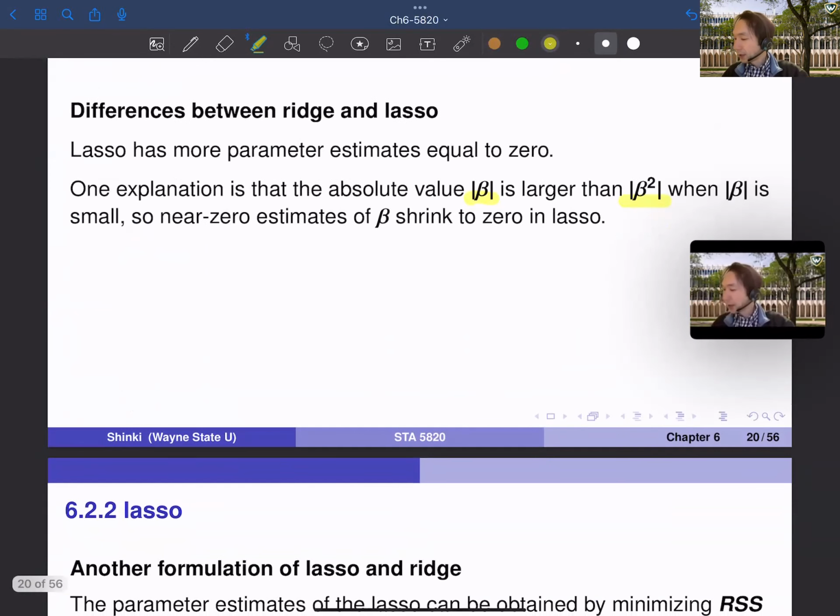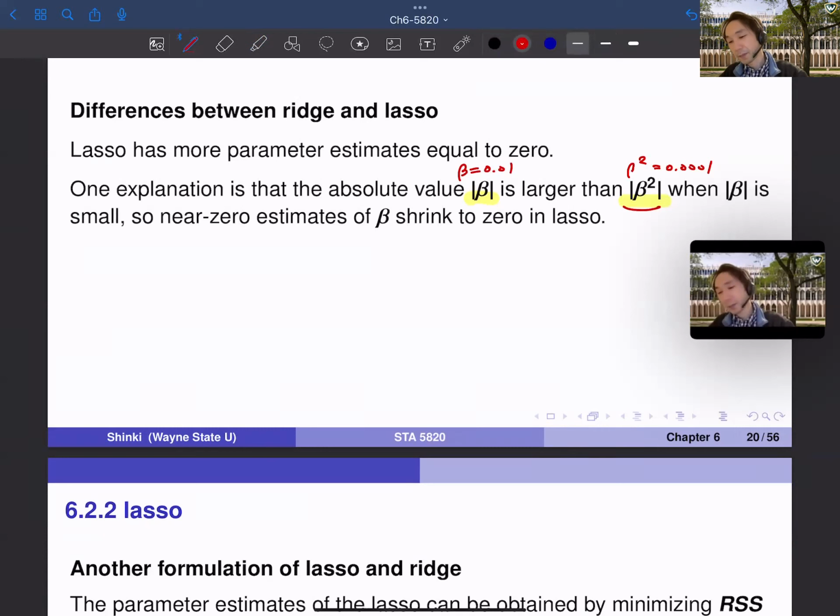So what's the difference in characteristics? The absolute value of beta is much larger than beta squared if beta is small. For example, if beta is equal to 0.01, beta squared is equal to 0.0001. So basically, ridge regression does not penalize the small parameters, so usually all betas remain non-zero.